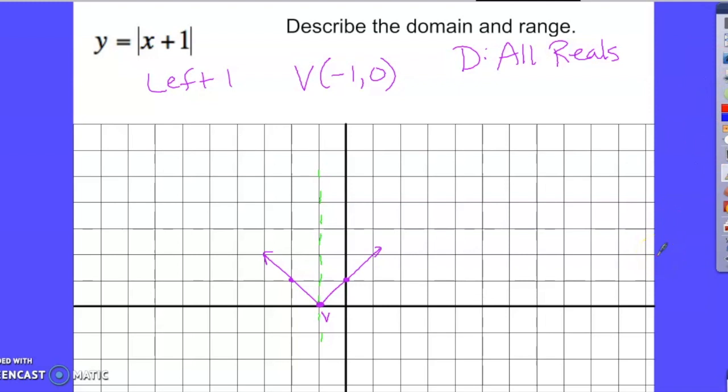The range is going to be based on how far you go up or down for your vertex, and then it's either going to be greater than or equal to that number or less than or equal to that number. In this case, do we have a low point or a high point in this graph? If you look, this point is a low point in the graph.